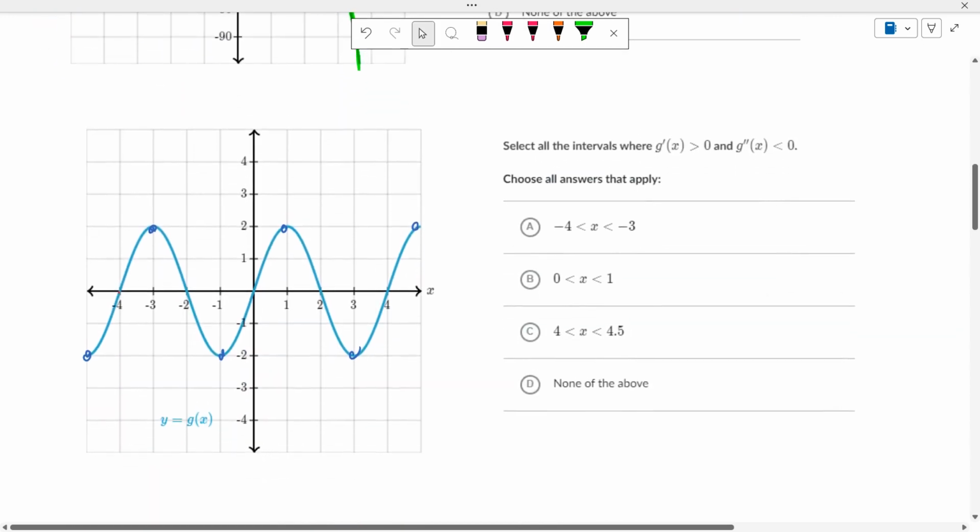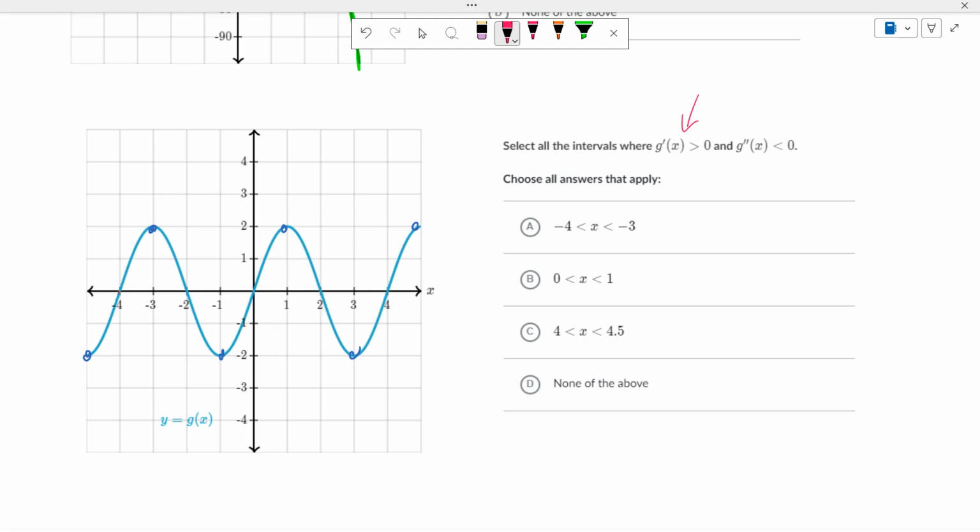Okay, so here we're looking where that is saying that the slope is what? Positive. And this is concave down. Okay?